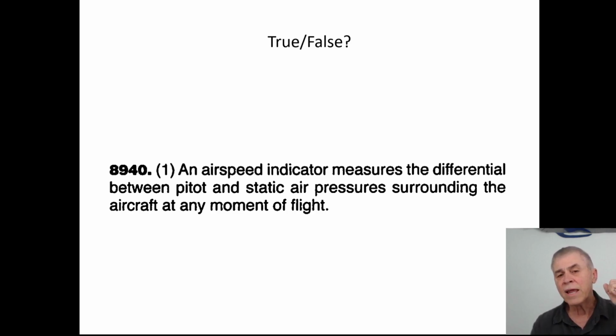So that's why the static port will basically determine the difference, because both of you could have a steady airflow, but if the pressure into the static port all of a sudden drops because of the altitude, then you're going to get a different reading.